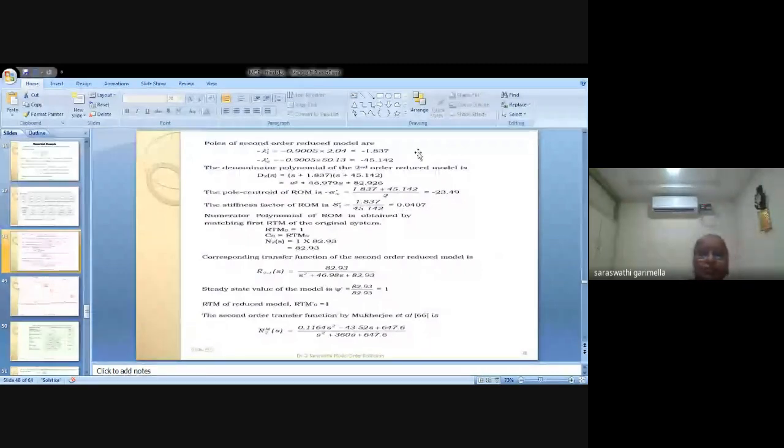So by taking this centroid and the stiffness factor, I calculated the eigenvalues of the reduction model. That is, I got second order, and for the original I forgot to write that path. For the reduced order it is there.